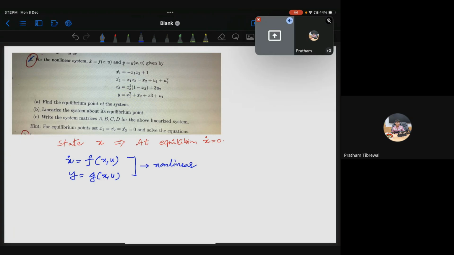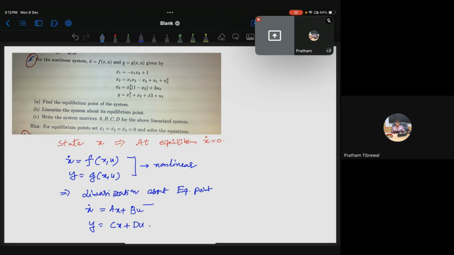When you do the linearization about an equilibrium point, you will write the above nonlinear system as this equation: x dot is equal to Ax plus Bu, y is equal to Cx plus Du.